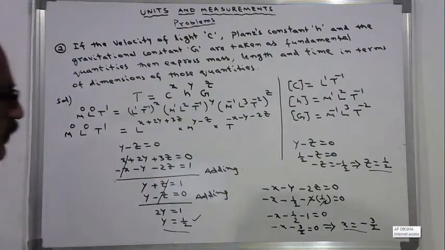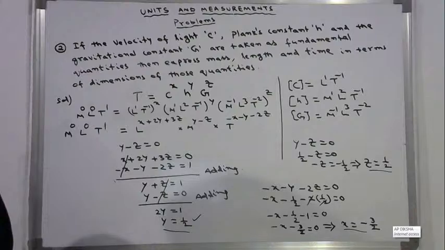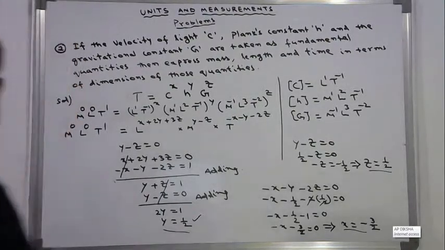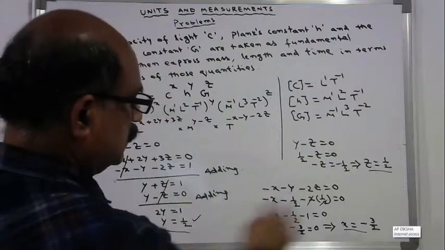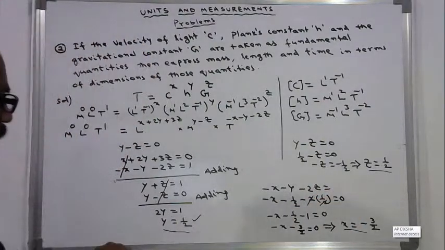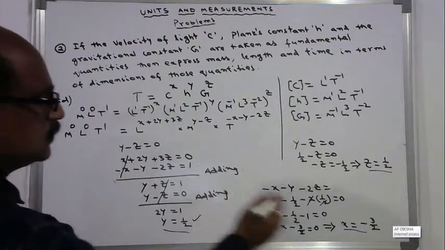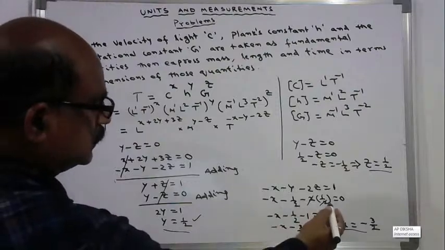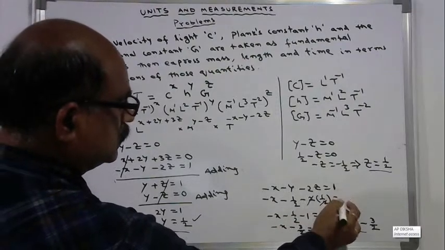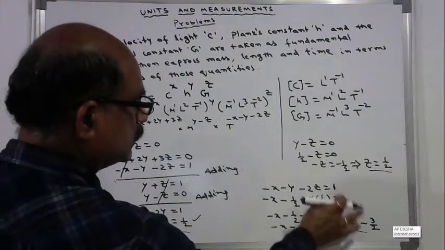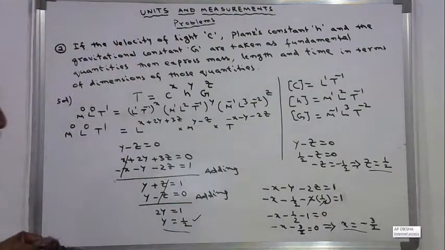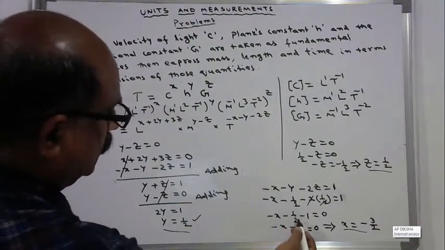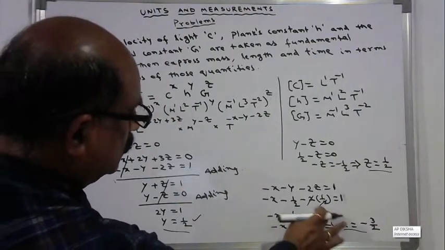Now we are going to find the value of x. So what will be the value of x here? Now let us take this equation. This is not 0. This is actually 1. Minus x minus y minus 2z. This is 1. So now let us solve this. Now minus x minus half minus 1 is equal to 1.